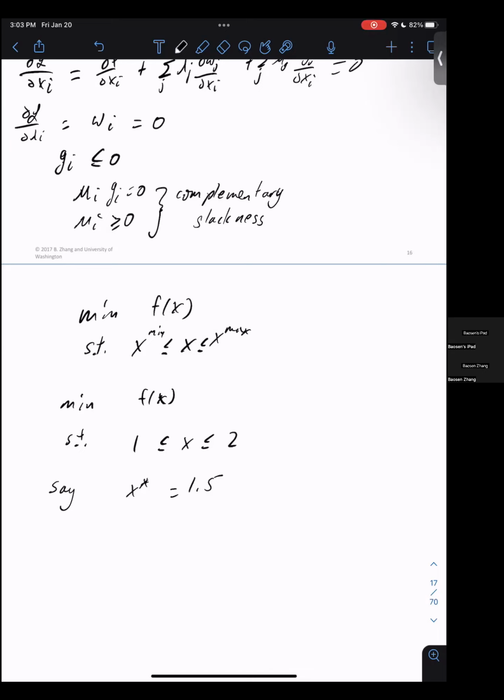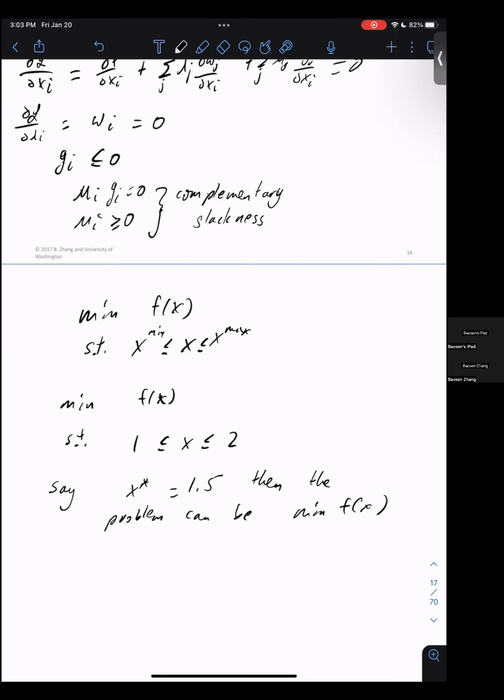If this happens, then the problem can be solved without the constraint. So that's the idea of complementary slackness. It's a way of describing whether it matters that I have a constraint or not. An inequality constraint that's not binding is as if there is no inequality constraint.